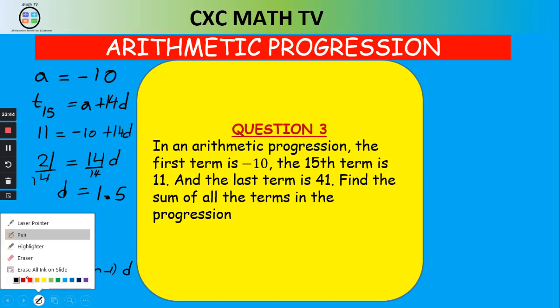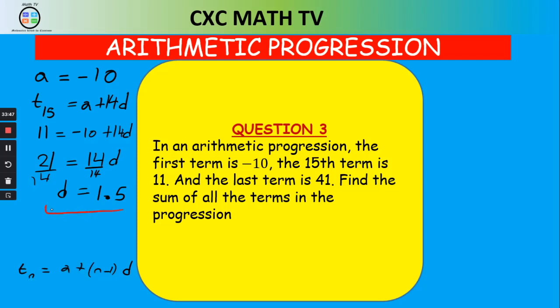Now notice, we were able to find the common difference, 1.5. They told us the last term is 41. The nth term is a plus n minus 1 times d, and they told us the nth term is 41. We know a is negative 10, plus n minus 1 times the common difference, 1.5. So bring over negative 10 to get 51 equals 1.5 in bracket n minus 1.